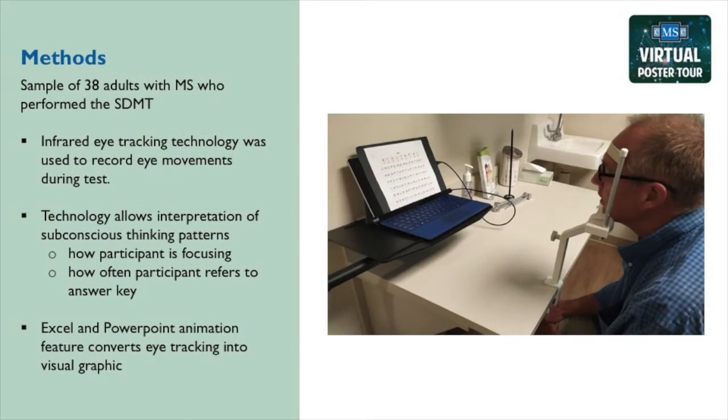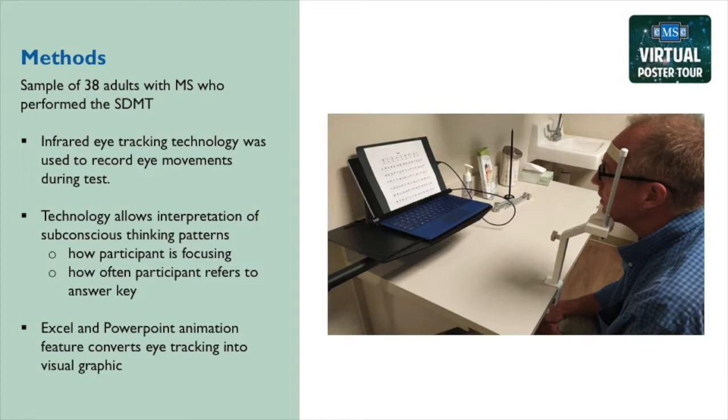Now, your research records eye movements during the test. What can eye movement tell us about a person and how they are processing information? So we are using eye movement as a way to tap into the subconscious of patients in some ways and track their attention and how much they're focusing during the SDMT.